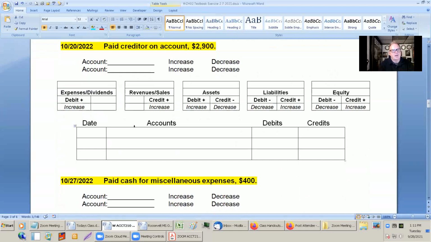Okay. Paid creditor on account. This is number 20. So what accounts are we going to use? Cash and accounts payable.